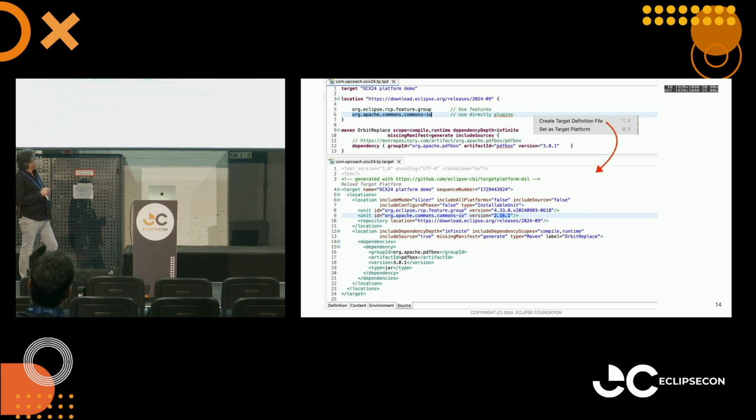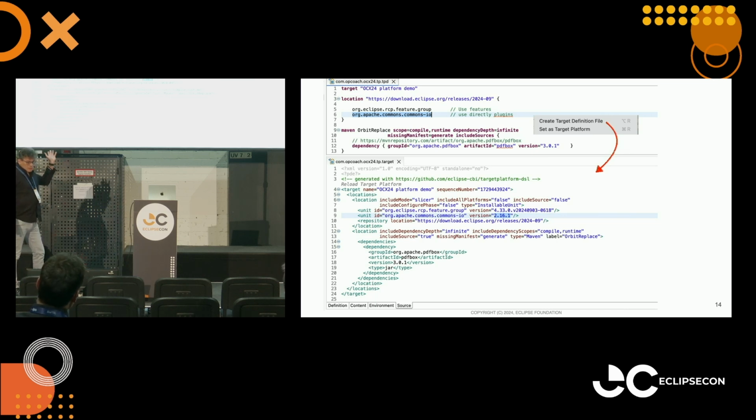As you can see, I made a very simple TPD file here. But when you generate the target file, you will get the resolution of all the versions in the target file that will be used in your build and in your Eclipse. The Maven artifacts are also expanded like this in the target file.